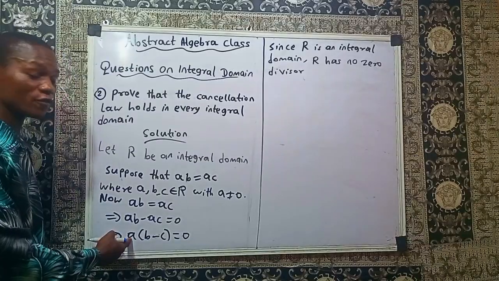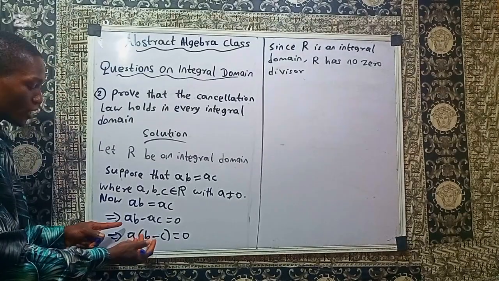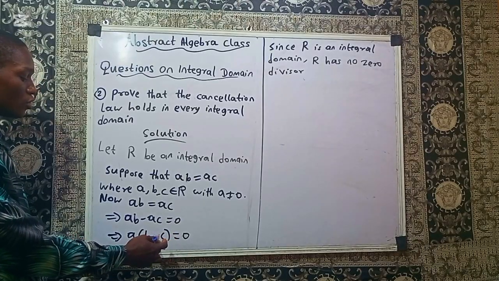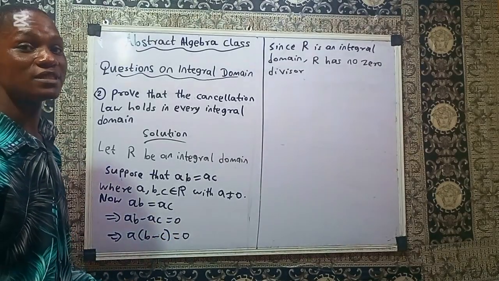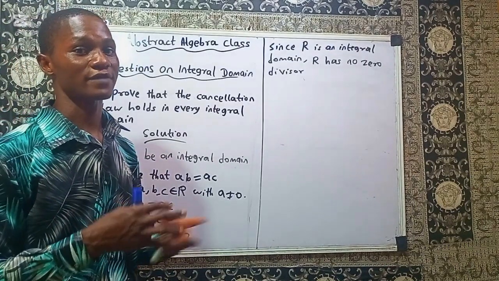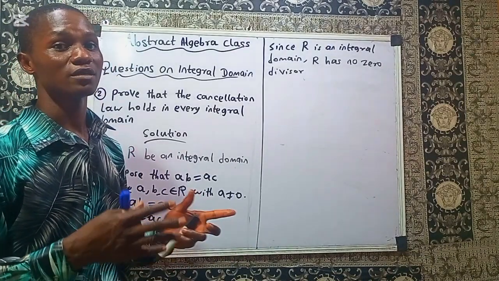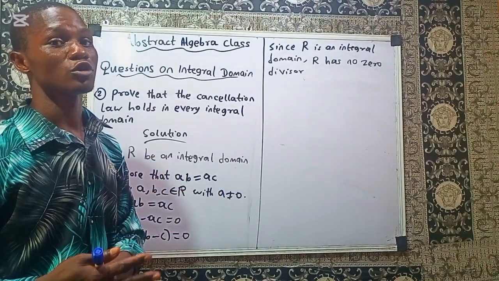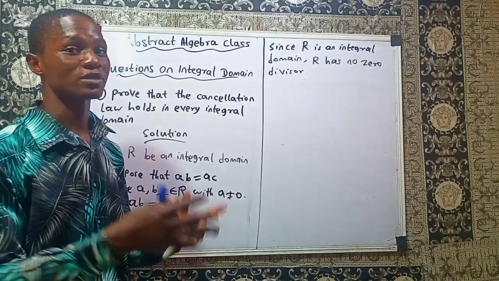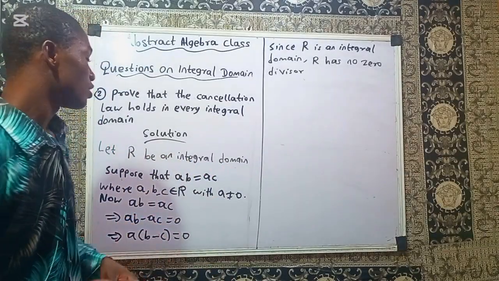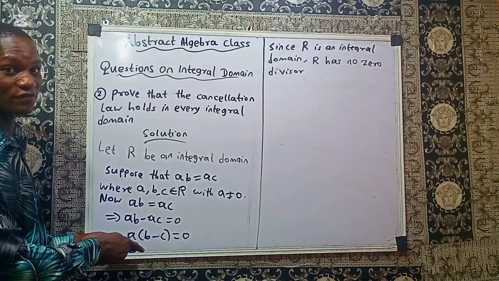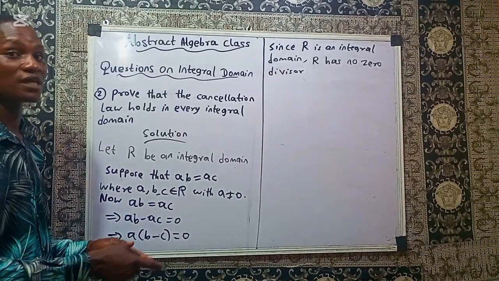Now we have the product of two things giving us 0: a times the quantity inside the bracket. Normally in the set of integers, if x multiplies something in a bracket and the result is 0, then either x is 0 or the quantity inside the bracket is 0. Since the set of integers is an integral domain, the same thing happens in every integral domain.